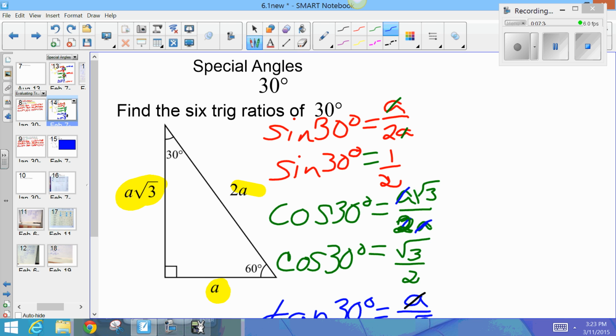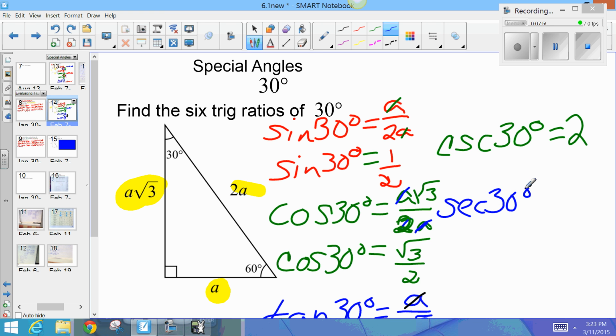Okay, the reciprocals. Reciprocal of sine is cosecant. So I'm taking 1/2 and taking its reciprocal, which is 2. Reciprocal of cosine is secant. So I'm taking square root of 3 over 2. Its reciprocal is 2 over radical 3.